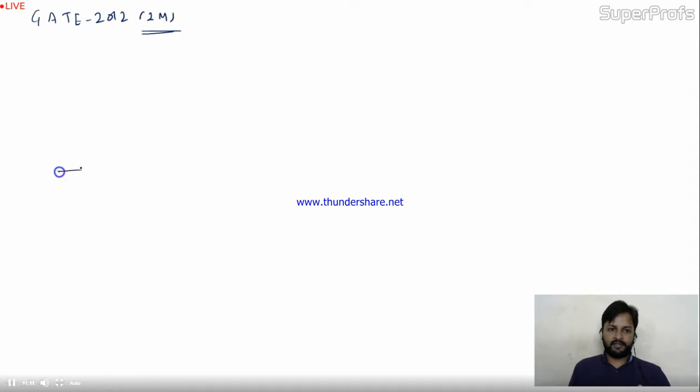Let me draw the circuit first. The capacitor C is connected with 10K, and here the input is applied. See, this is the AC kind of thing, which means in the circuit I have to do AC analysis as well as DC analysis.